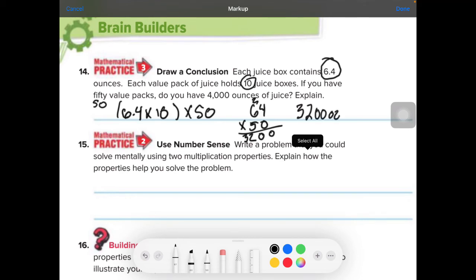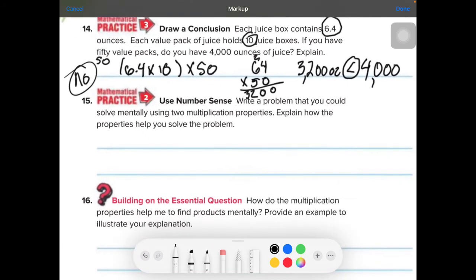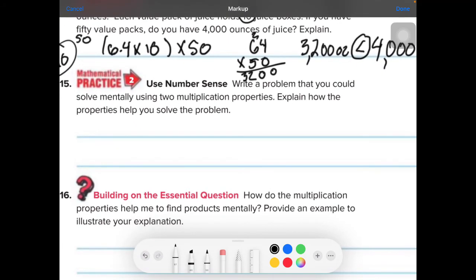No, we're only going to have 3,200 ounces. So we're going to put a little less than sign. The 4,000, which is what they were requiring. So no, we will not have enough juice, the 4,000 ounces of juice.